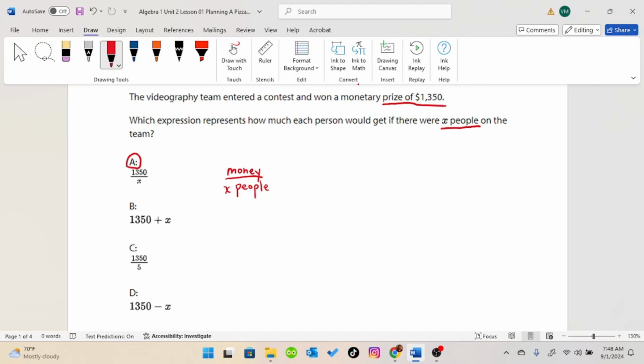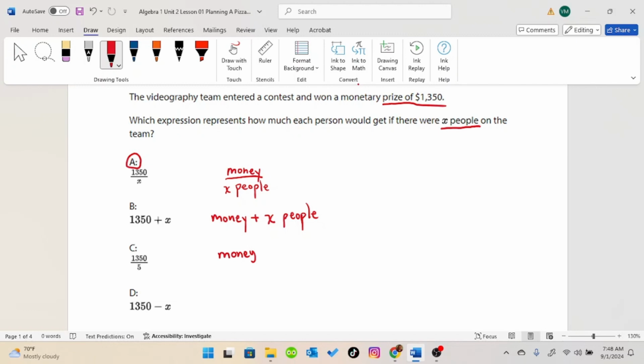B has 1,350, which is the money. And B adds X people. So this one wouldn't make sense because they're taking the prize money and they're adding the number of people. C has the money on top like it should be.